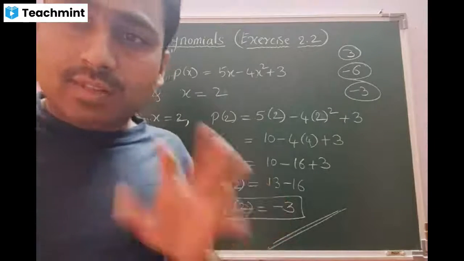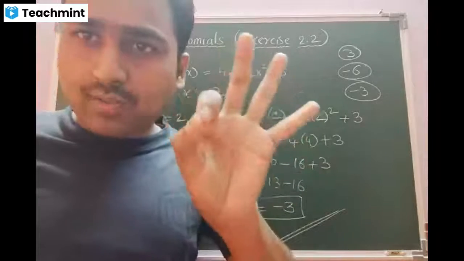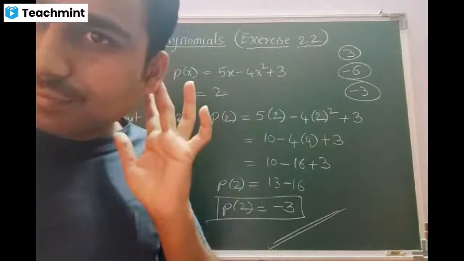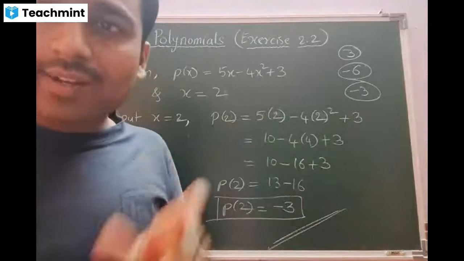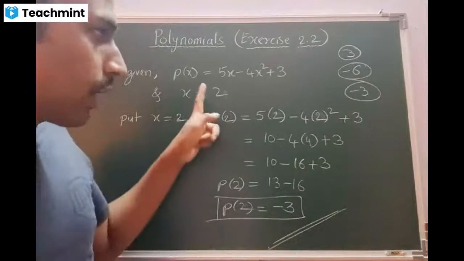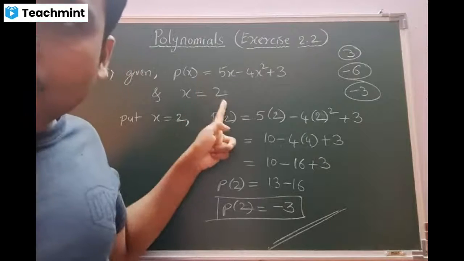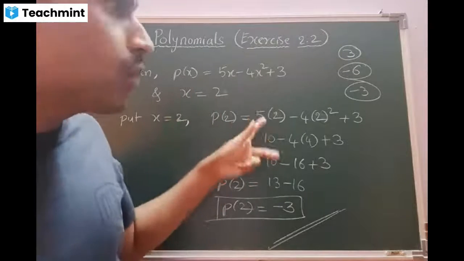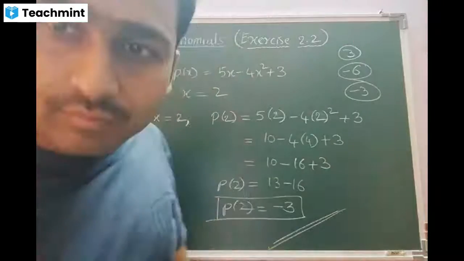Beta, look at this. Everywhere we have got some different answers. We have not got 0. Am I right? Yes, sir. Anywhere we did not get 0. It means the values whatever they have given, x is equal to 0, x equal to minus 1 and x equal to 2, these are not the zeros of the given polynomial. Is that clear? Yes, sir.